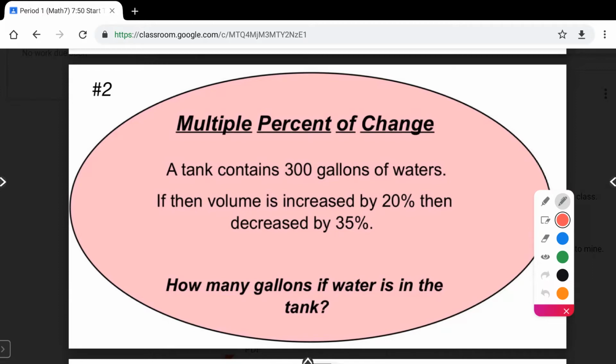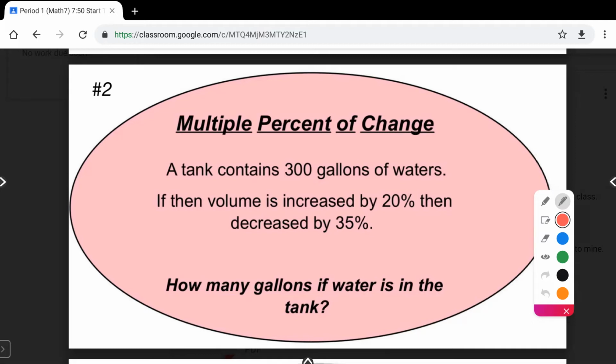The problem starts out by saying a tank contains 300 gallons of water. And then the volume is increased by 20%, then decreased by 35%. I get students that'll say, well, I don't understand something, Mr. Besh. If it goes up 20% and goes down 35%, isn't that just the same as going down 15%?